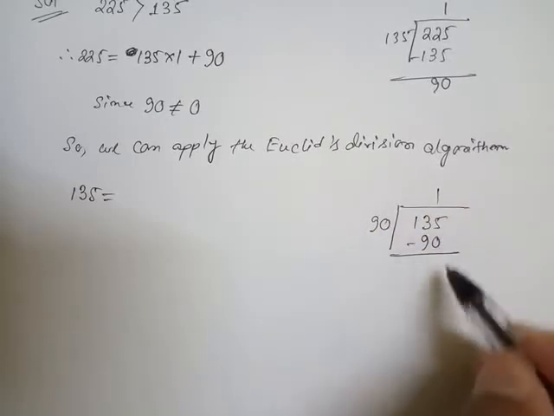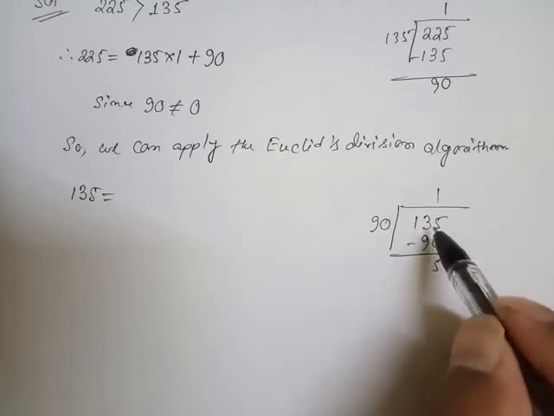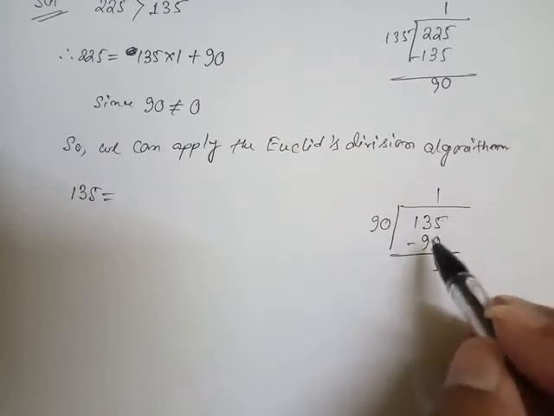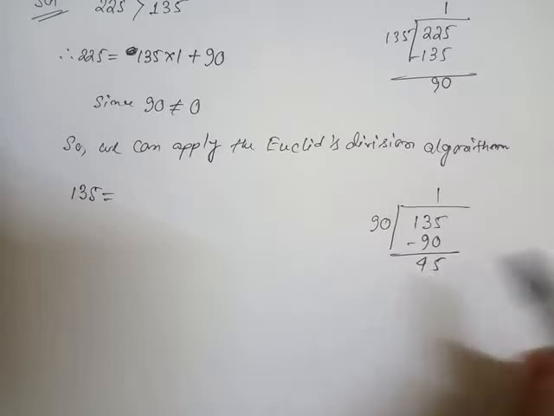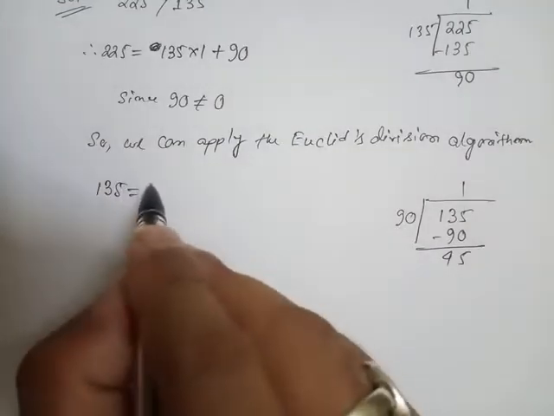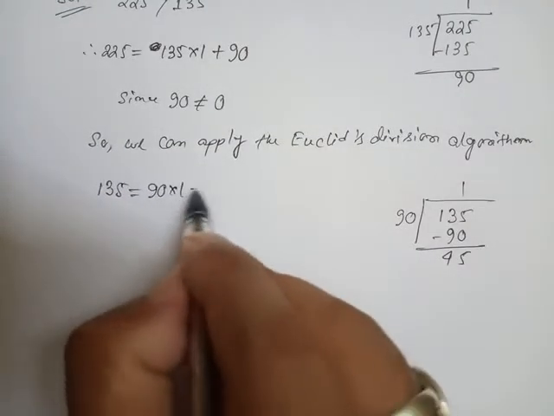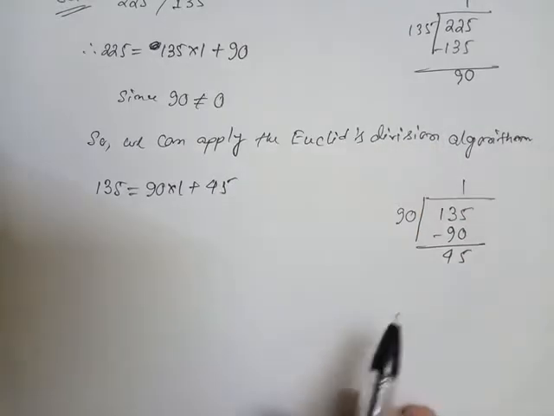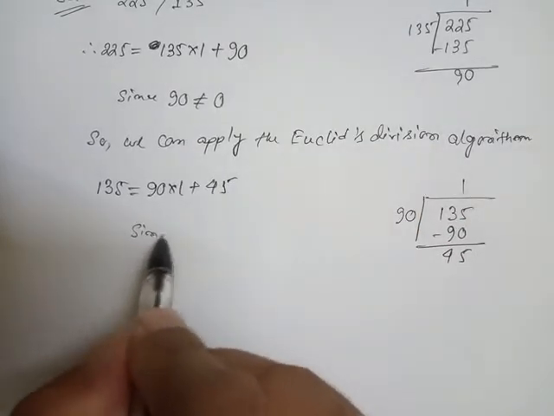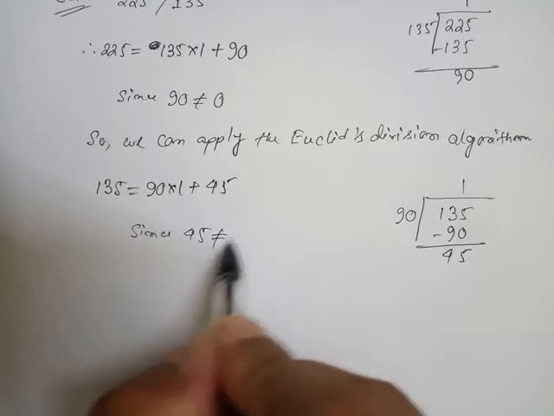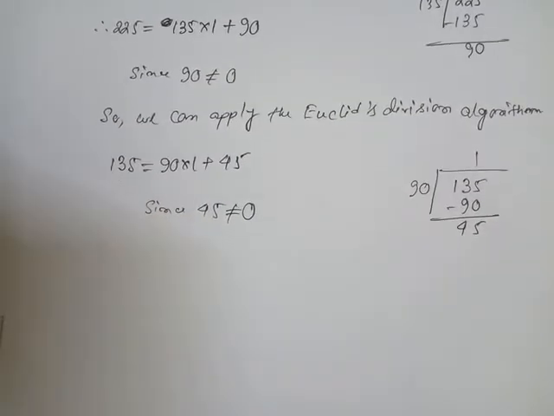Now look here, 5, and 13 minus 9 is 4, means 45. So we'll write again that 135 equals 90 into 1 plus 45. Here also, since 45 is not equal to 0, we'll go for further division again.